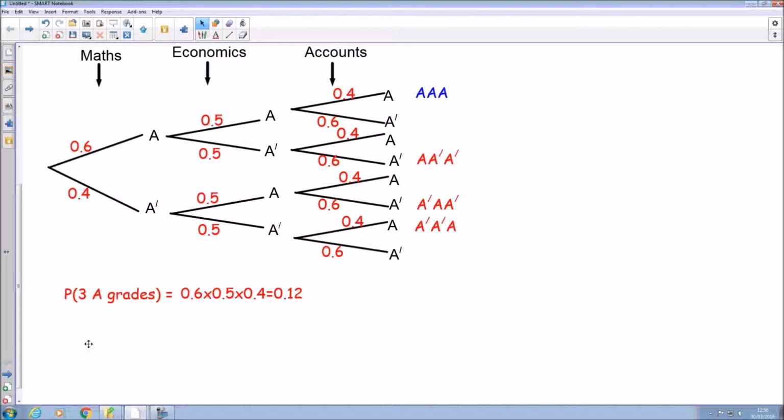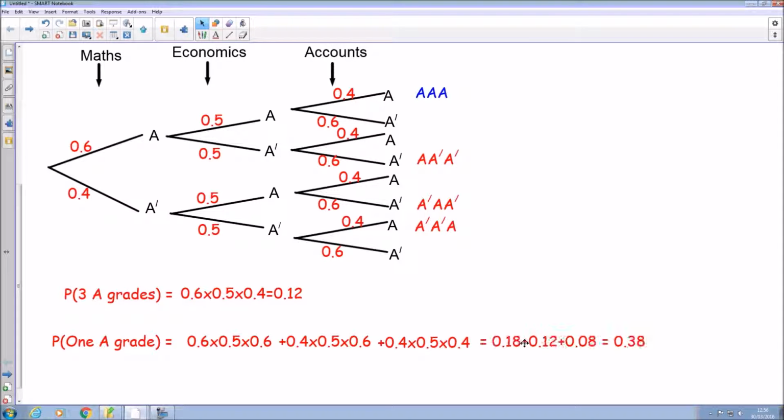The probabilities in this case are 0.6 times 0.5 times 0.6, etc. We add all these probabilities together and we get a final value of 0.38.